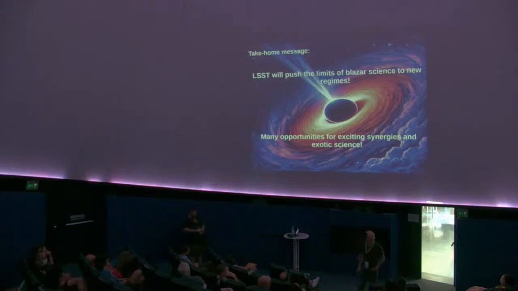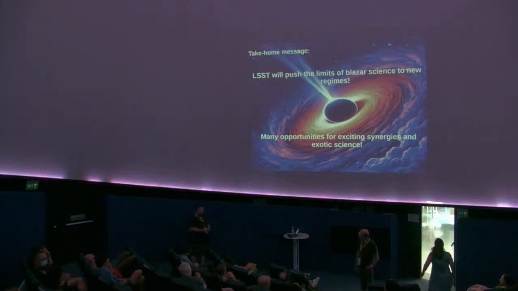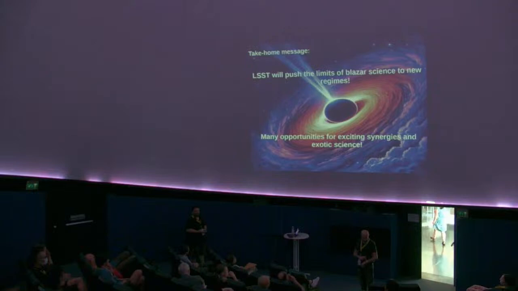That is obviously focused on the northern hemisphere, and not all blazars are making these super bright outbursts. So we have a list of sources that you expect to be doing the crazy things. But the truth is that we don't really have a lot going on in the southern hemisphere, and this is something that we need to think about and take care of before LSST starts.